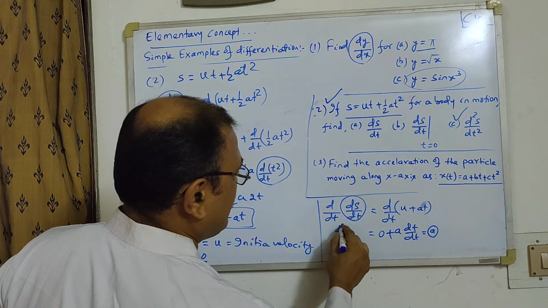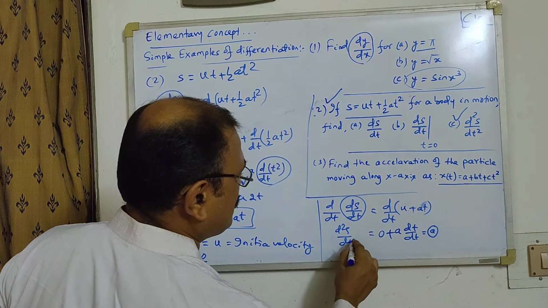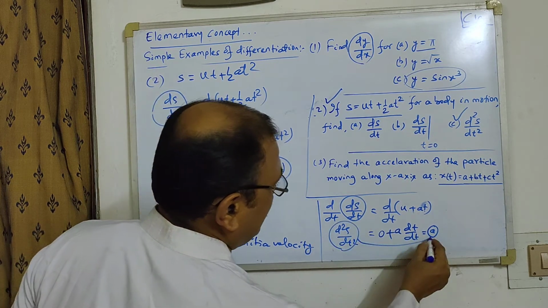So d square s by dt square is nothing but the acceleration term.